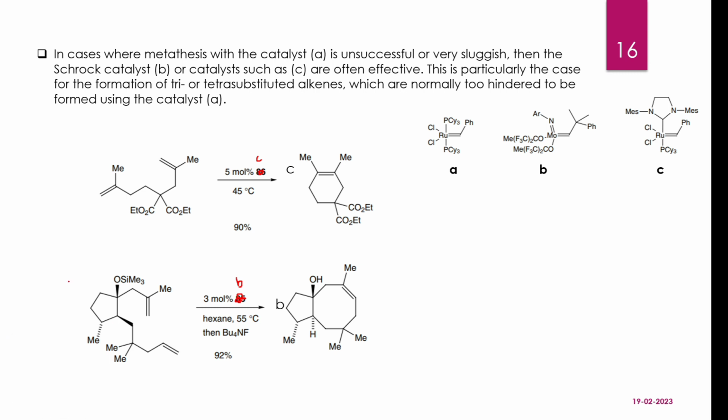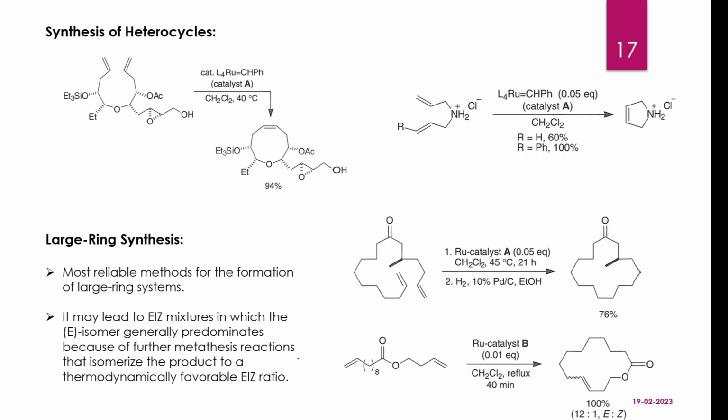These two double bonds will join, giving us this type of cyclohexane ring, and here these two double bonds will join, giving us this type of cyclooctane ring. Now you can count the number 1, 2, 3, 4, 5, 6, 7, 8. So these two centers will join, giving us this type of cyclooctane ring.